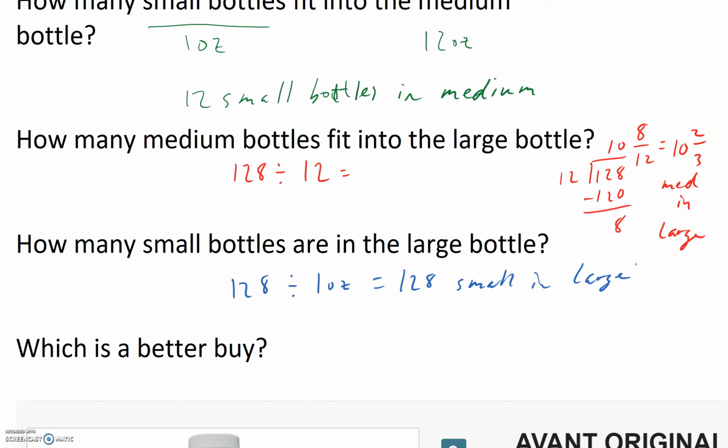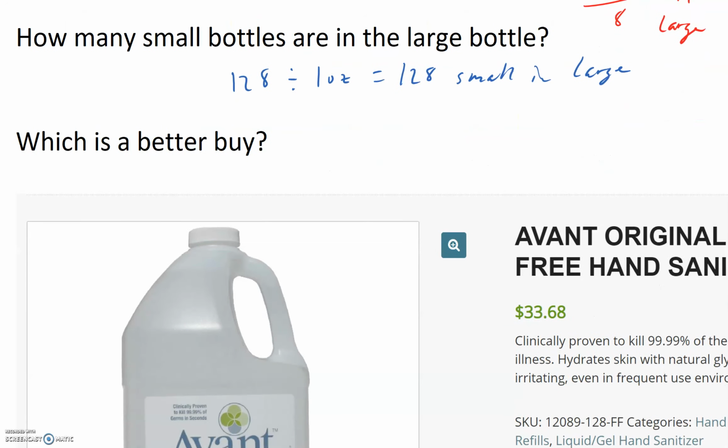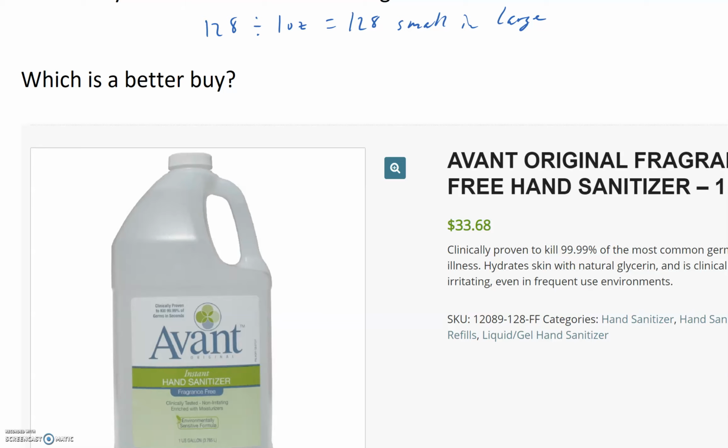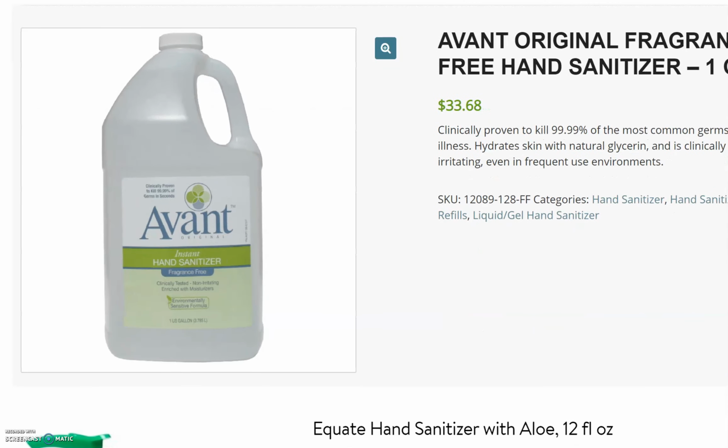Now, which one's a better buy? If you have a calculator, I wouldn't be against throwing this in the calculator for us. I'm going to go 33.68, and I'm going to figure out how much it costs for 1 ounce. So I'm going to divide by 128 ounces. When I do 33.68 divided by 128, I get about 26 cents per ounce.